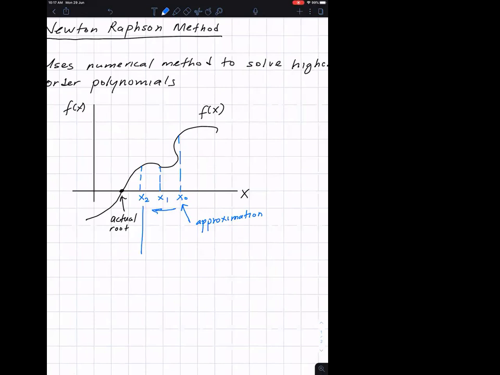So this is going to be a closer approximation. The Newton-Raphson method also uses Taylor's theorem to develop the formula.